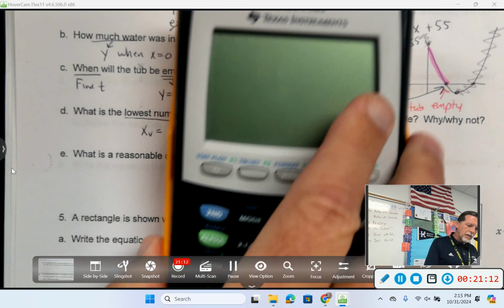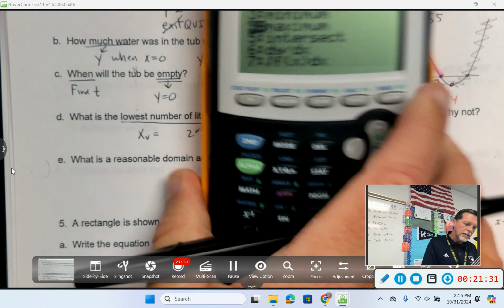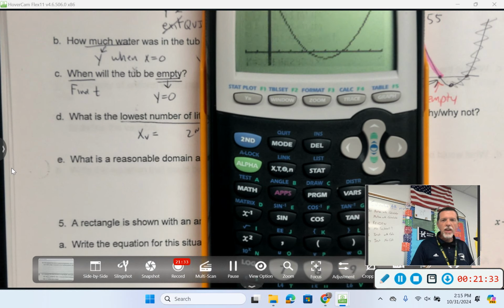You know what? While we're using our calculator, second Calc, which one of those words means lowest? Minimum. So let's just use second Calc minimum. And then it'll walk you through the same stuff.